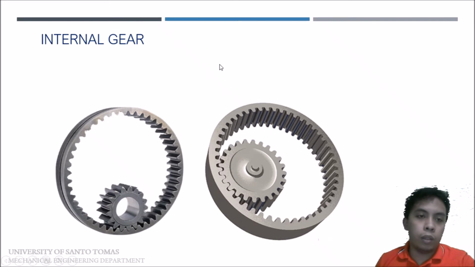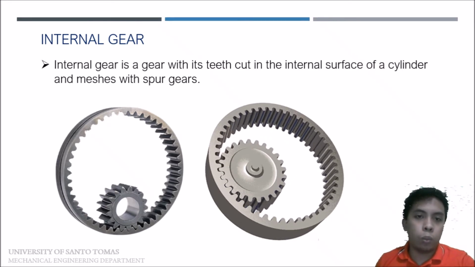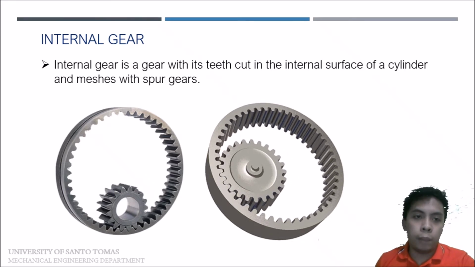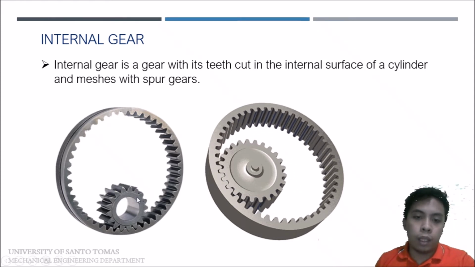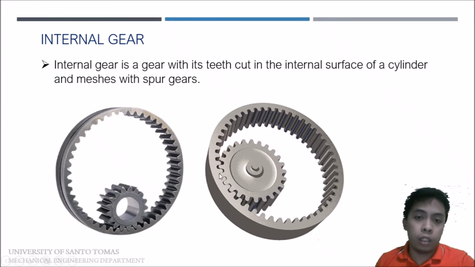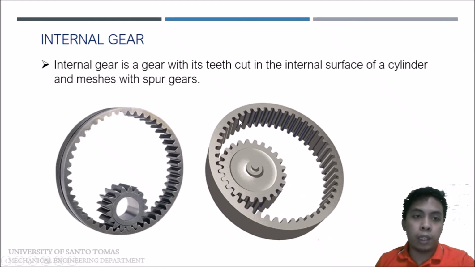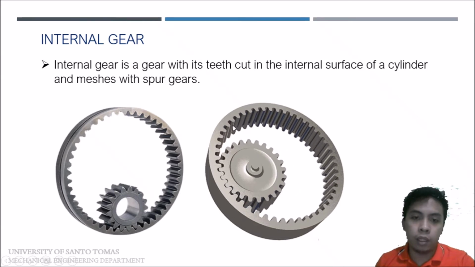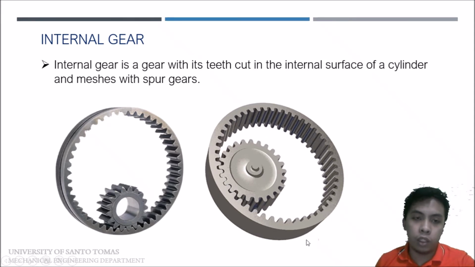Next, let's talk about internal gear. Internal gear is a gear with its teeth cut in the internal surface of a cylinder and meshes with spur gears. So, technically, internal gear is considered a special kind of spur gear because by definition, a spur gear has a teeth geometry cut parallel to the shaft axis, which is the same in the internal gear.